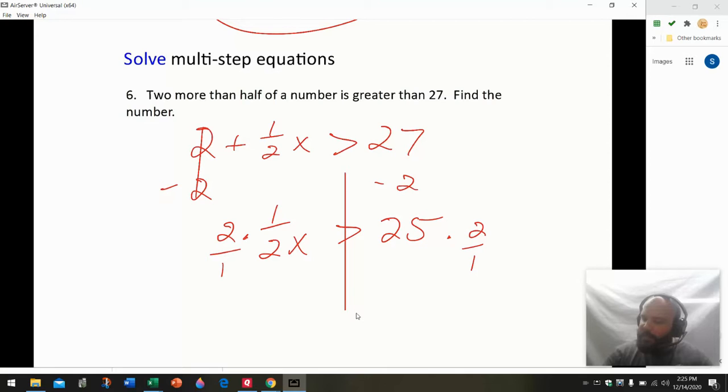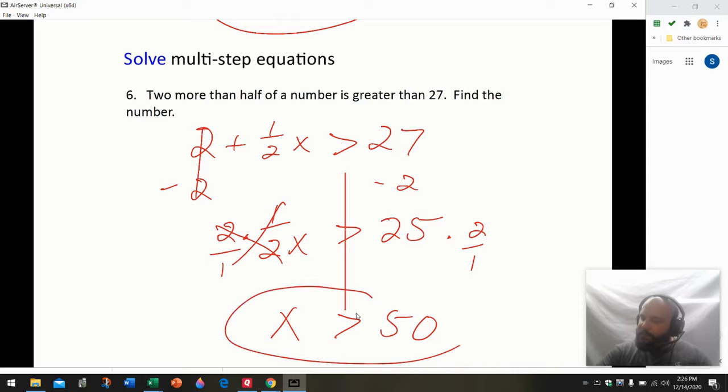So you can see that cancels, this cancels, and we're left with x is greater than 50. Just like that. And so there is our final answer. x is greater than 50.